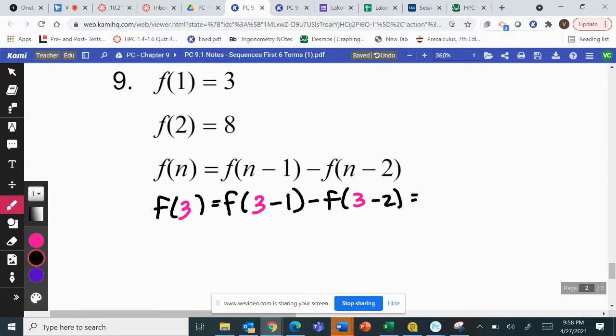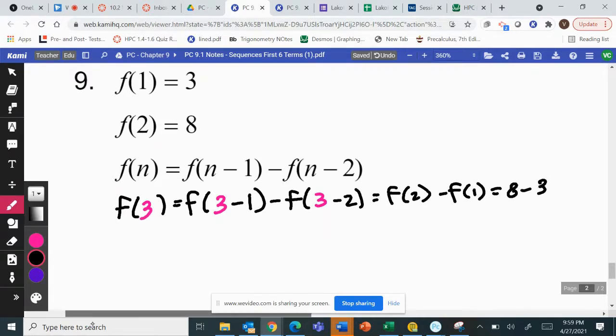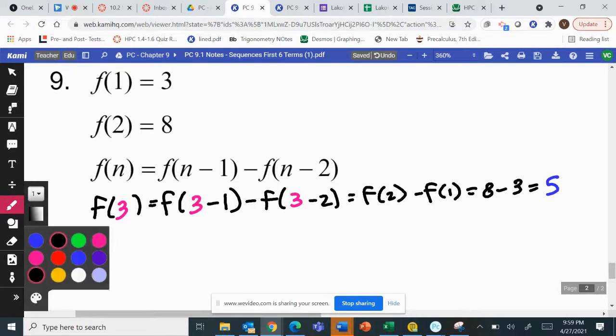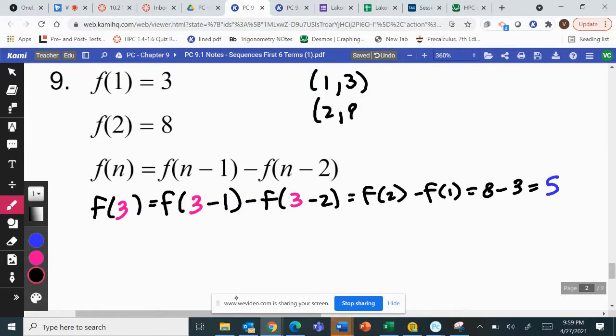So f of 3 is the same thing as f of 2 minus f of 1. So then I look, well, f of 2 is 8, f of 1 is 3. So f of 3 must be equal to 5. So my ordered pairs so far would be 1, 3, 2, 8, 3, 5.